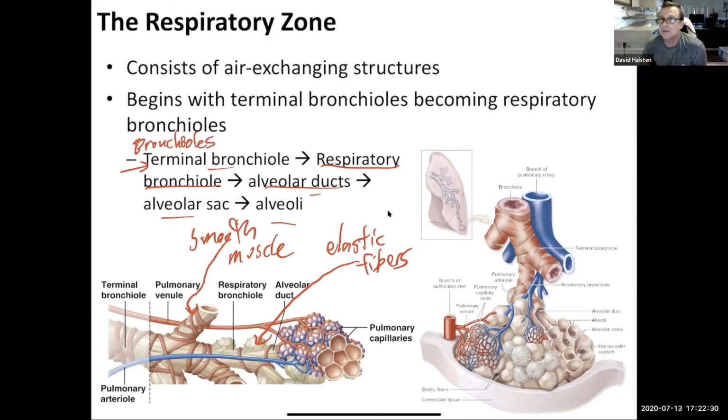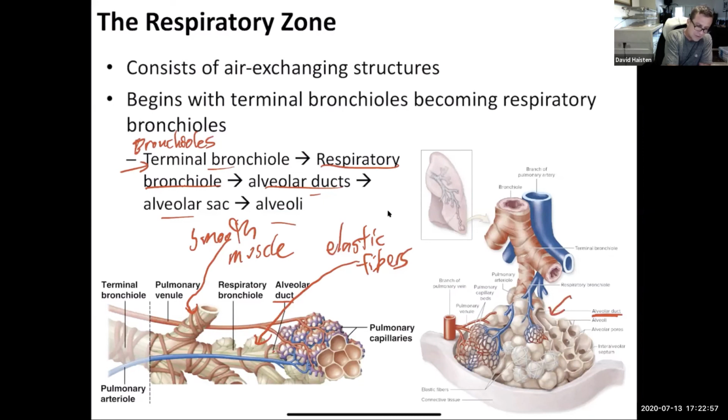What the alveolar ducts are like is a nice hotel, and you're walking down the hallway and there are doors all off to the sides to the rooms. The alveolar ducts have all the alveoli opening up off of them. So here's an alveolar duct, and you see one here.